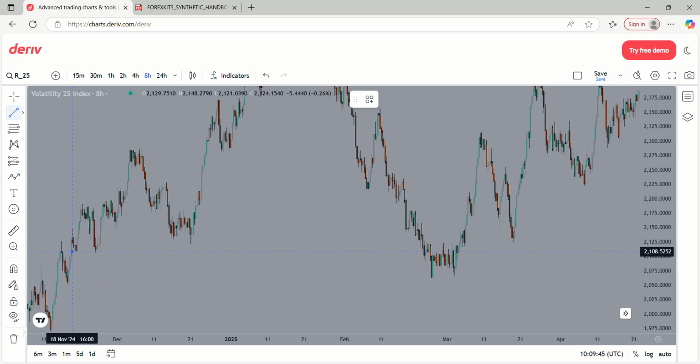Let's draw from here and draw through, from this place, and draw through. So this is another support area.